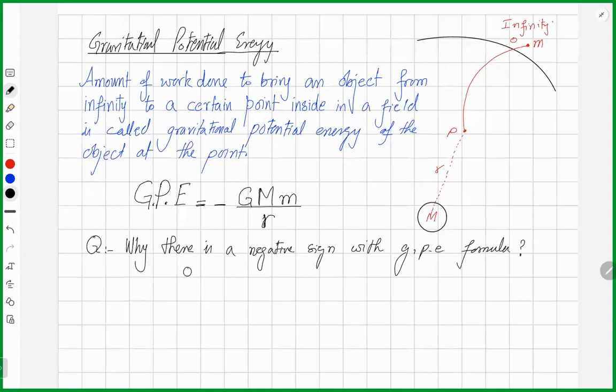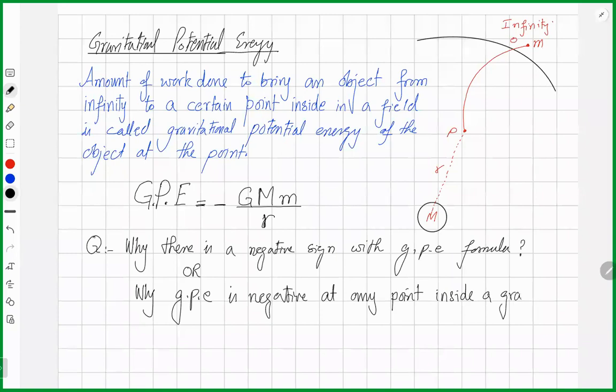Or the same question can be phrased as: why is gravitational potential energy negative at any point inside a gravitational field?